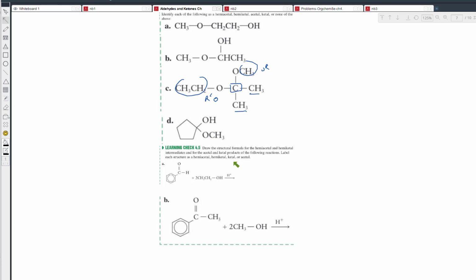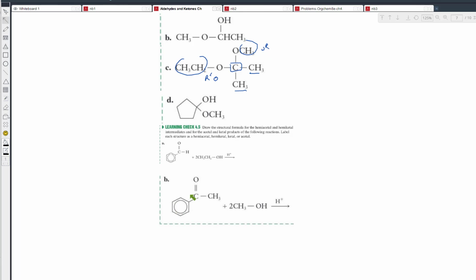Hemiketal, you're right. Okay. The next question: draw the structural formula for the hemiacetal and hemiketal intermediates and for the acetal or ketal products of the following reaction. Label each structure as hemiacetal, hemiketal, ketal, acetal. What about this one? I'm going to grab the pen. All right, let's see. So A looks like an aldehyde. Aldehyde, yes, plus an alcohol.